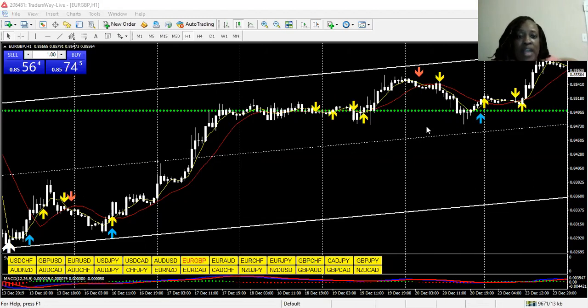And let's just say you have a $200 account. So honestly, you shouldn't be trading any more than 10 cents. So 250 times a 10-cent lot, that's $24.